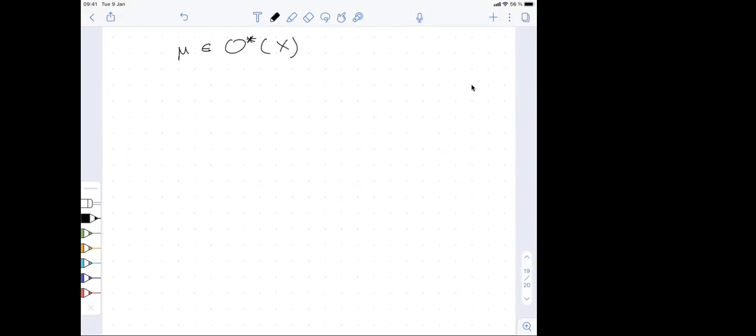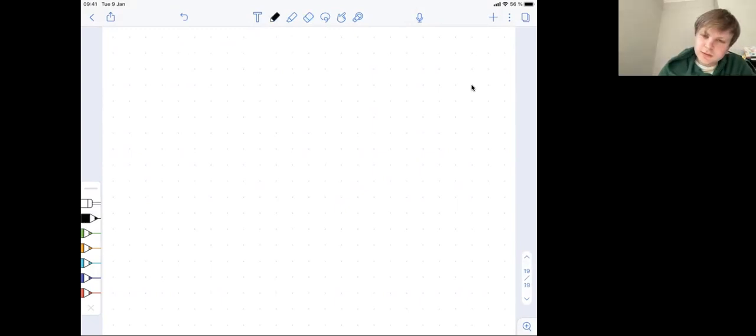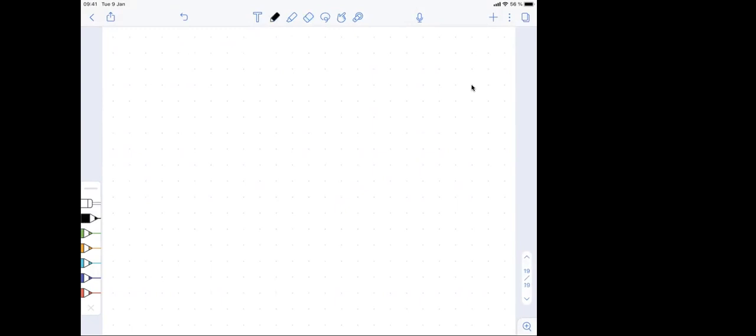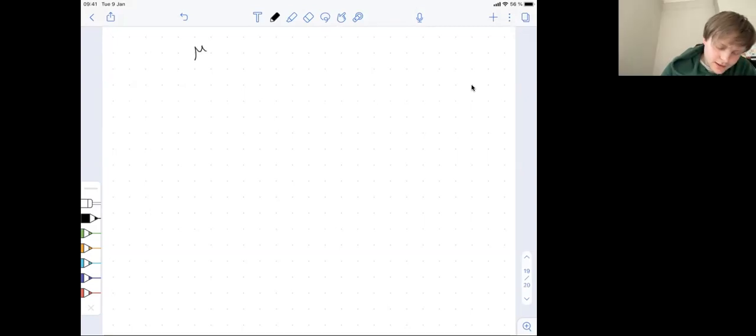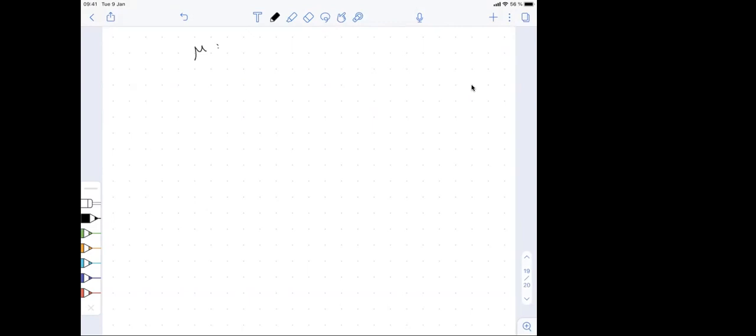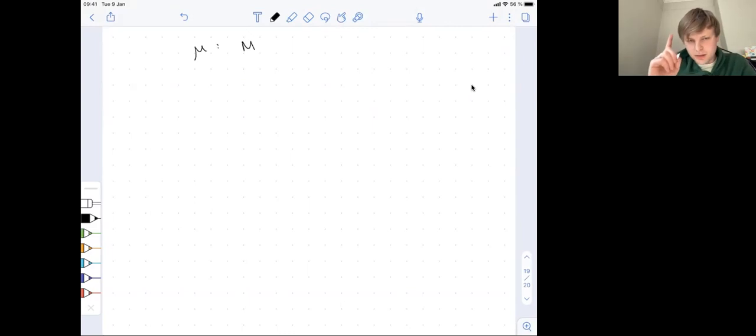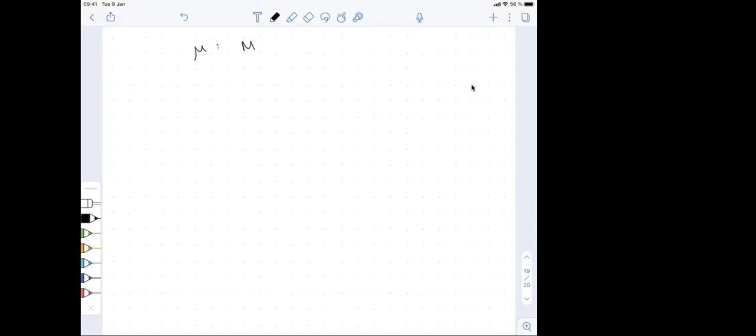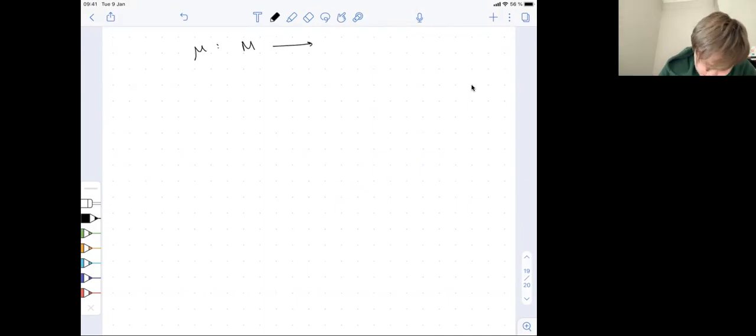Yes, so sorry, I don't understand. Mu is the momentum map, or is it now something different? It's a momentum map, right? But it is a map from our M to G star. Yeah, sorry, just to understand. Yeah, okay, you're absolutely right.